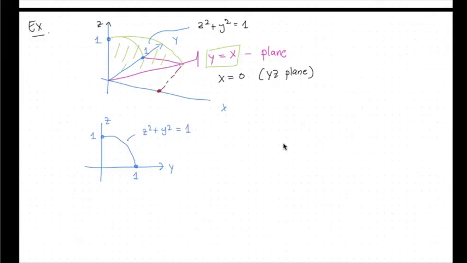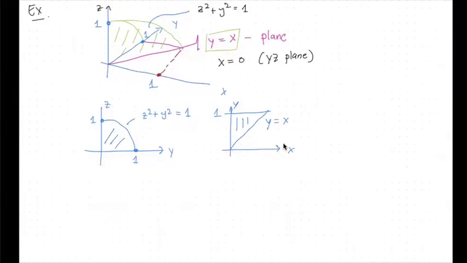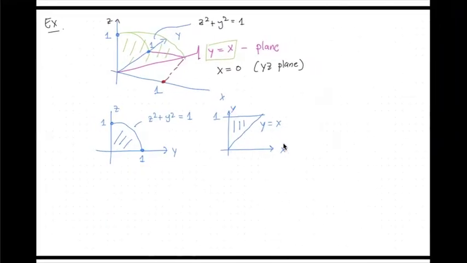This one is y is equal to x. That means it's also 1. Now, if you look at the shadow on the xy plane, this is your 1, this is your y, and this is your x, and then this is your line, y equal to x. This is your x-axis, and this is your y-axis. Now, I think the solid is well defined.